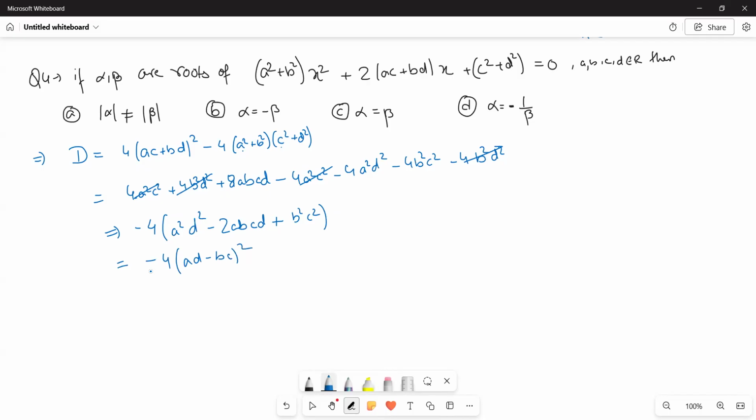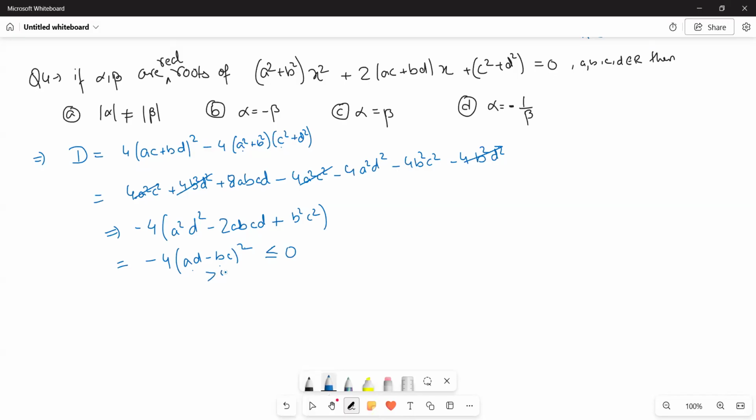Now, what can we say about the nature of the value of minus 4 (ad minus bc) whole square? (ad minus bc) whole square is a perfect square, so the perfect square will always be greater than or equal to 0, but it is multiplied with a minus 4, implying D of this will always be less than or equal to 0. But it is given that alpha, beta are the real roots of the equation. Sir, why will D be less than equal to 0?